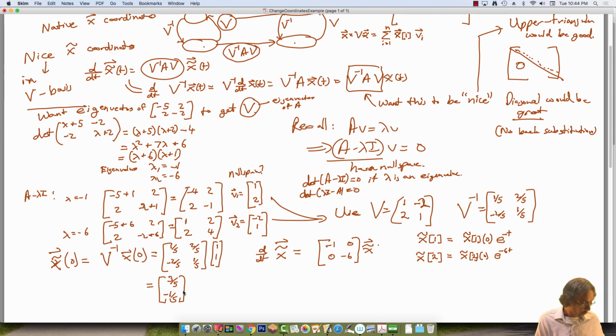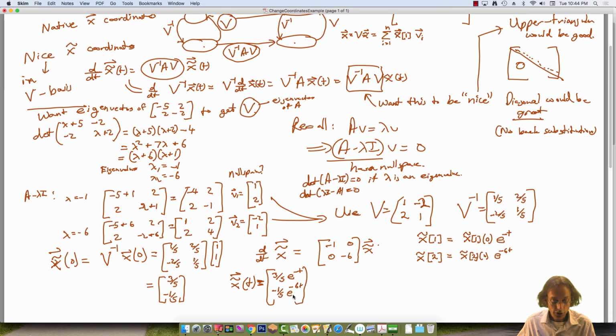So now we know exactly what x tilde of t is. x tilde of t is just 3/5 e to the minus t, minus 1/5 e to the minus 6t.